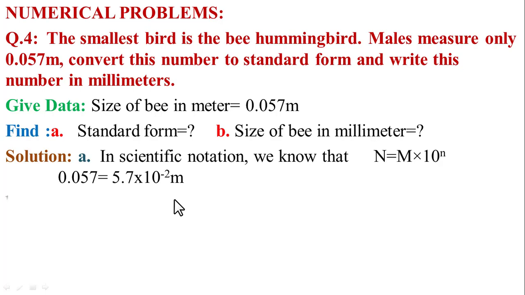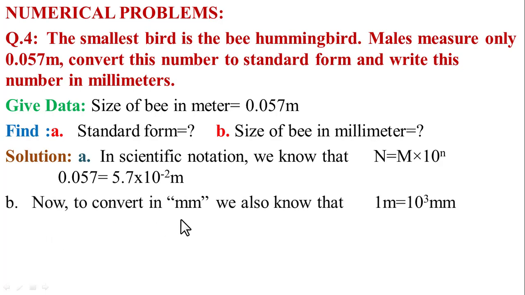Now in part B, convert into millimeter. We also know that 1 meter is equal to 10 raised to power 3 millimeter. Then we convert the answer, so we have size of bee is 5.7 multiplied by 10 raised to power minus 2 multiplied by 10 raised to power 3 millimeter.